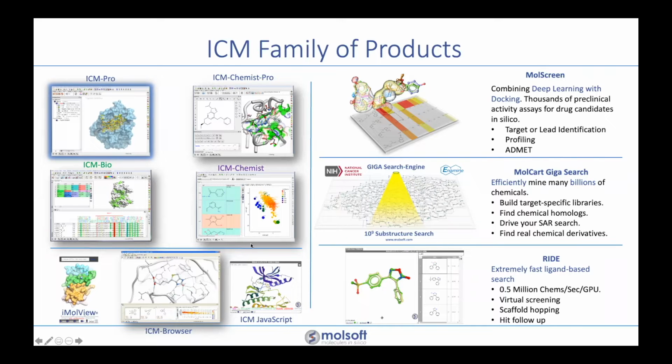We also have a wide range of cheminformatics tools, from reading in chemical spreadsheets to calculating multiple parameter optimization, things like blood-brain barrier and ADME tox properties of chemicals in ICM Chemist, and tools for building combinatorial libraries, and also exploring SAR, identifying activity cliffs and things.